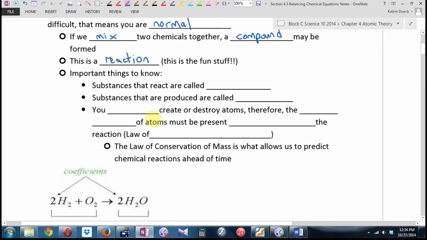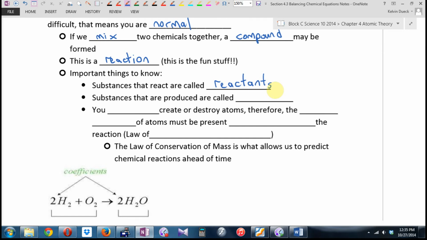Substances that react are called reactants. How can I remember that substances that react are called reactants?